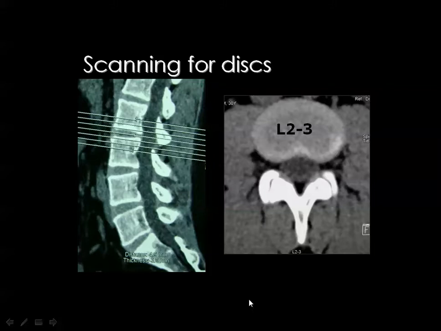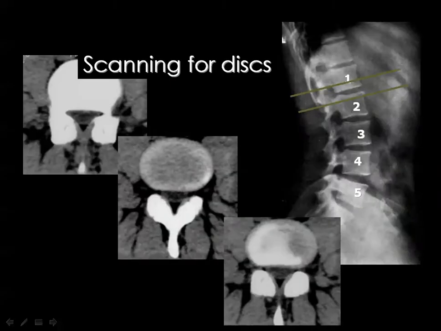You know that the disc is a soft tissue structure, so you will evaluate the disc in the soft tissue window images. And you should go to the section which has passed through the disc substance itself. Like in this example, you can see that there are three sections, and you want to select one for evaluation of the disc, and you should know where the disc is.